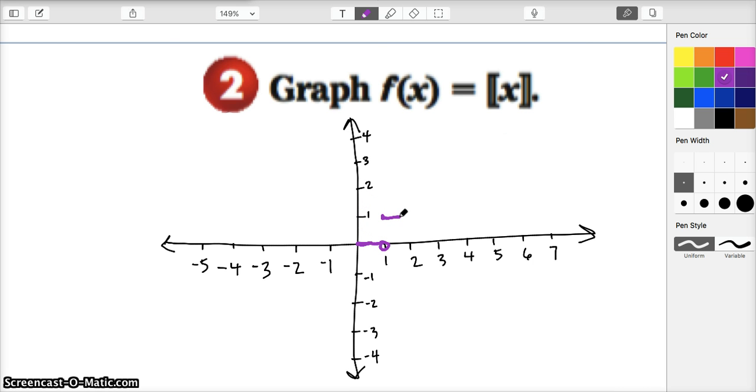And then we continue, if x is 1.5, y is still 1, until we get to 2. So we're going to get this graph at this point, and we've seen it before. It looks kind of like lollipops laying on its side, and then you will get a similar graph in this direction as well. It's not too bad.